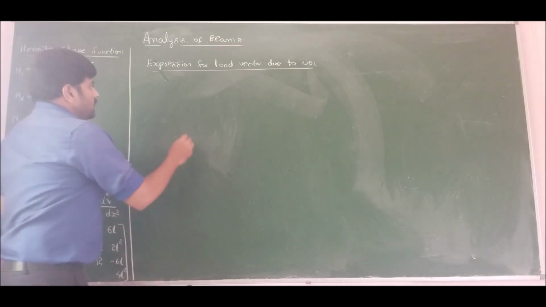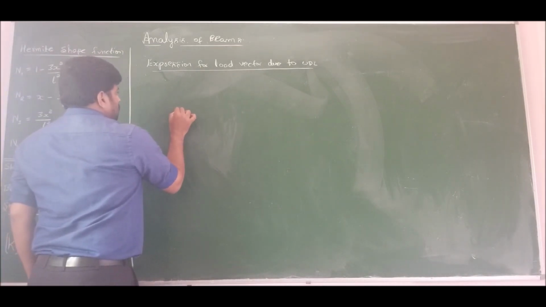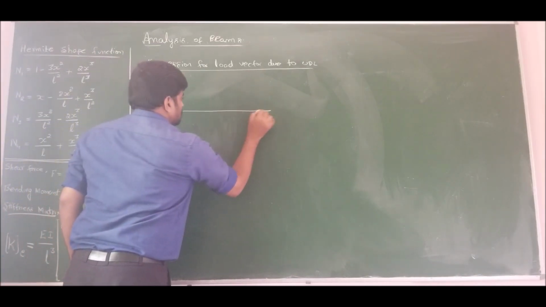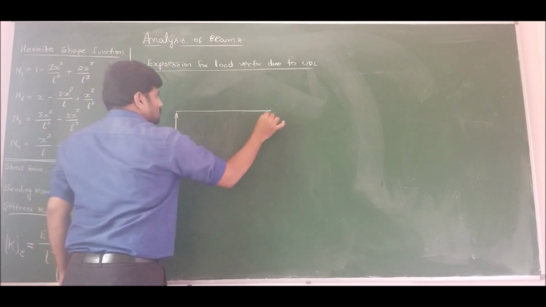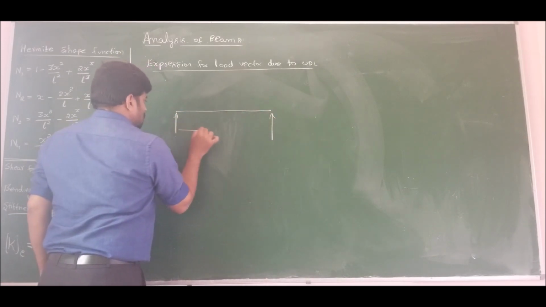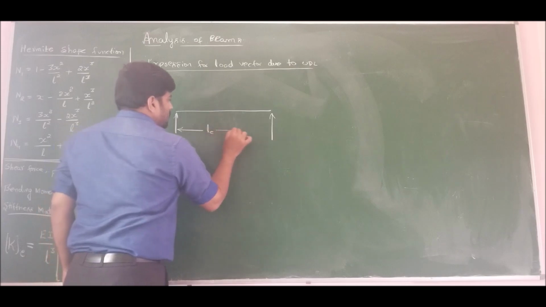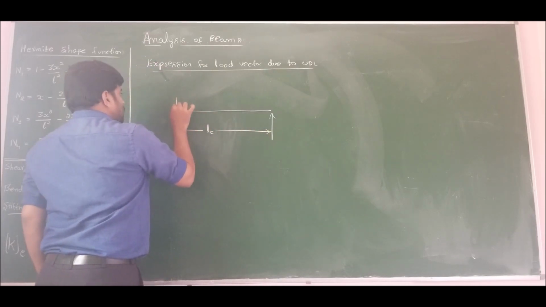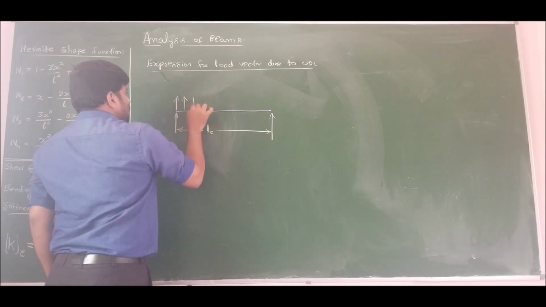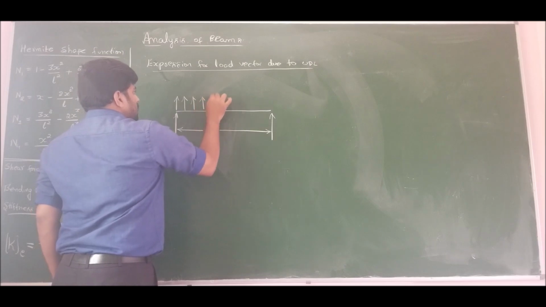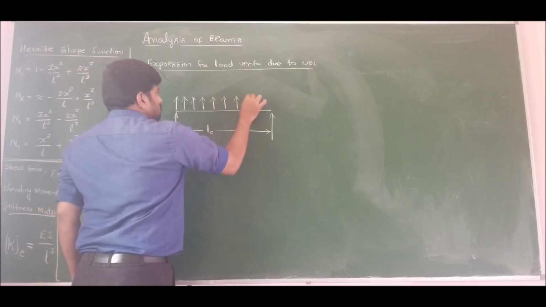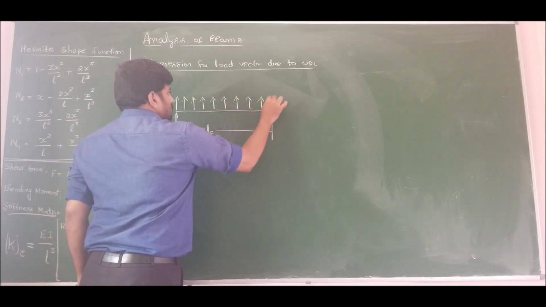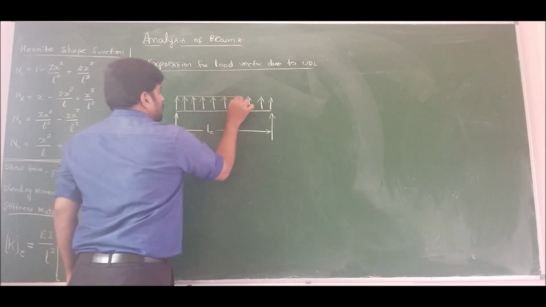Let us consider a beam element acted upon by UDL as shown in the figure. Let the length of the beam be LE. It is acted upon by a uniformly distributed load. Let the magnitude of the load be P0 newtons per millimeter.